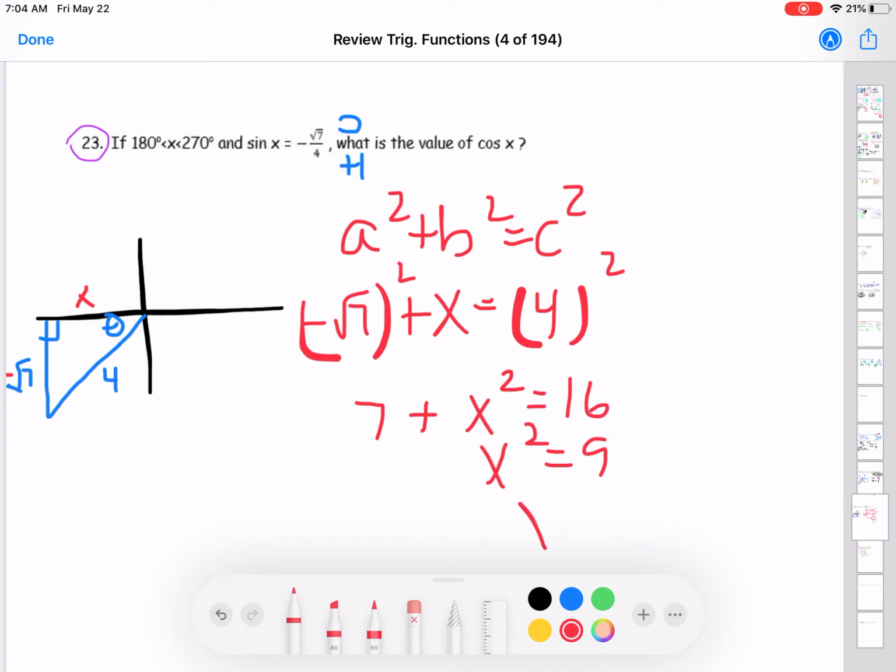X squared equals 9. X equals plus or minus 3. So now which one would it be? To the left is negative, so -3. And now my cos is adjacent over hypotenuse. So cosine is going to be -3/4.